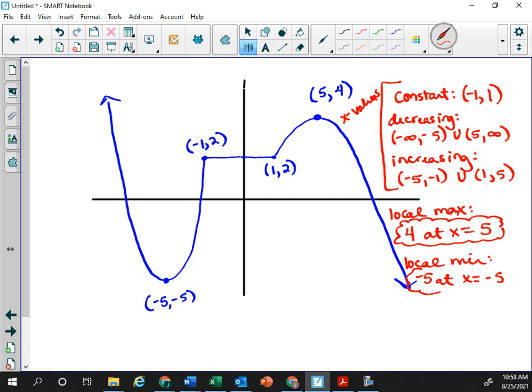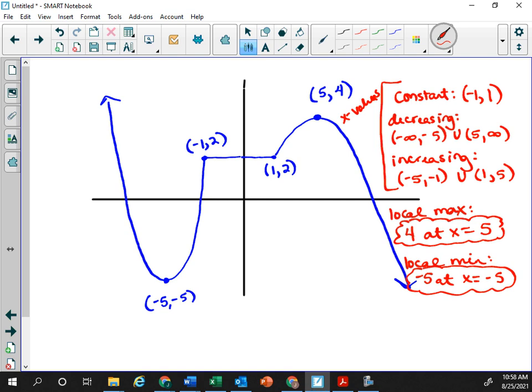Okay, so again, pay attention to that notation. All right, so extrema, not too bad. Fairly intuitive, max, min, increasing, decreasing. These are things that I think make sense to you guys, okay?